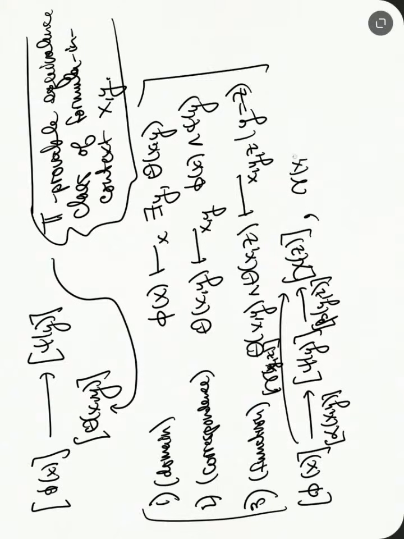Gamma of xz is that there exists some y where you have alpha of xy and beta of yz.